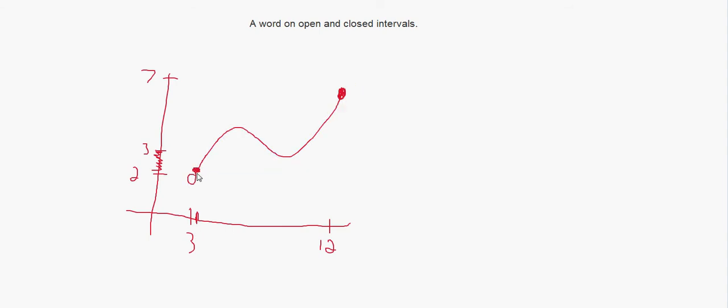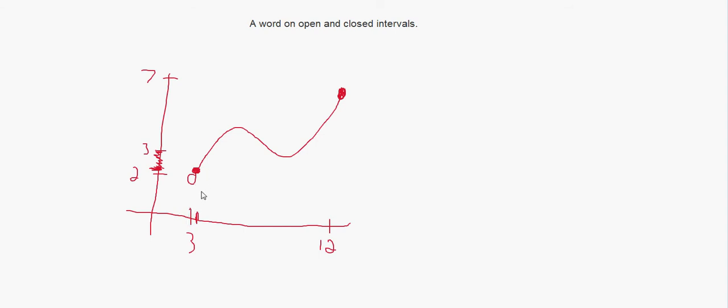No matter what point you choose close to 3, I can always choose another point closer to 3. If you choose 3.01, I'll choose 3.0001, and my y value will be closer to 2, but it won't be 2, but it'll be smaller. If you want to do me one better, you can say I'll choose 3.0000001. Okay, great. So you can get as close as you want to 3, and that means you can get as close as you want to 2 here, but you cannot get to 2 because it's an open circle. So there is no absolute minimum here.